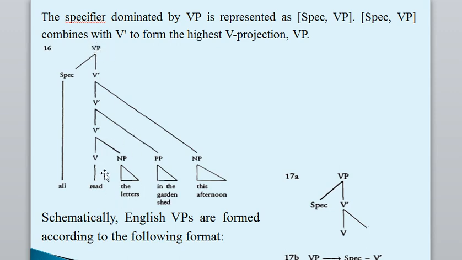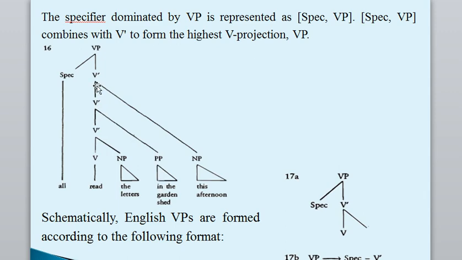So as you see here, again, this is a layered structure. First, the verb read, the head, combined with the NP, the letters, produces V1 bar. In the second step, V1 bar combined with the PP in the garden shed produces V1 bar.